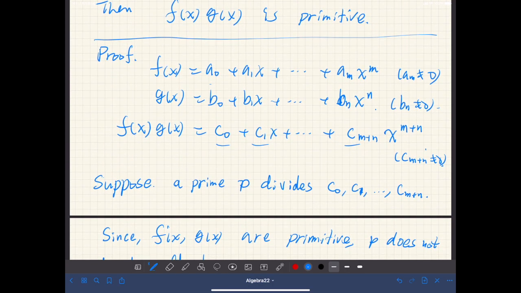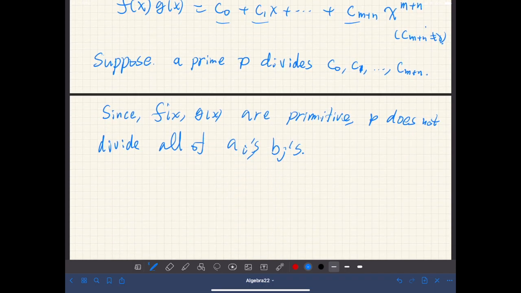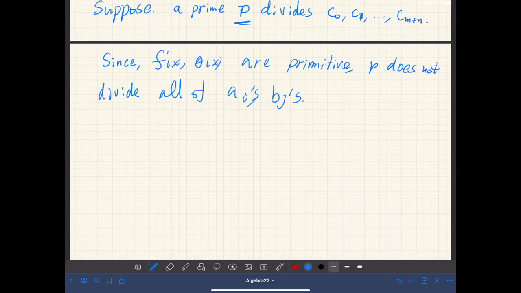So some of these coefficients, a0 to am and b0 to bn, cannot be divided by this prime p by assumption.